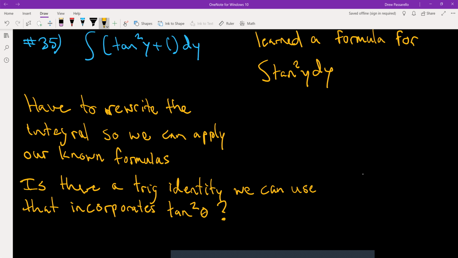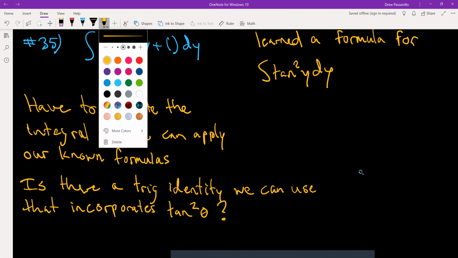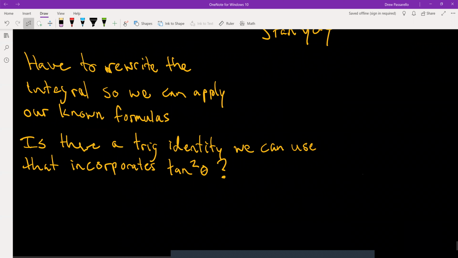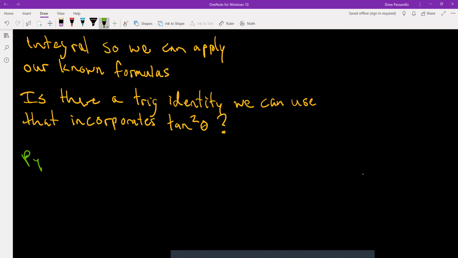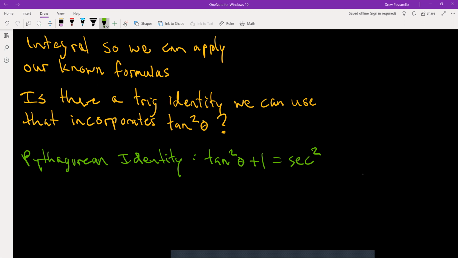I'm going to write the identity that we're going to apply. This is one of the Pythagorean identities: tangent squared of theta plus 1 is equal to secant squared theta.